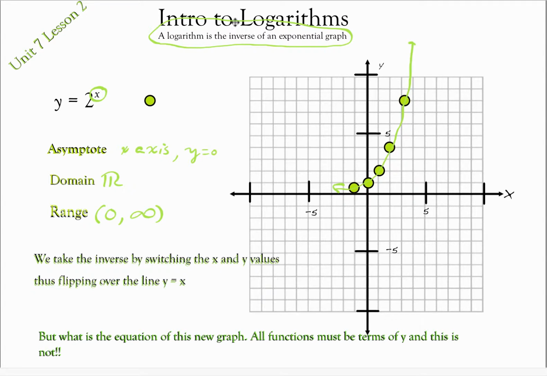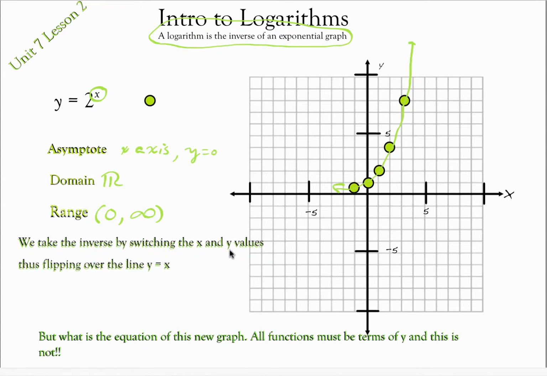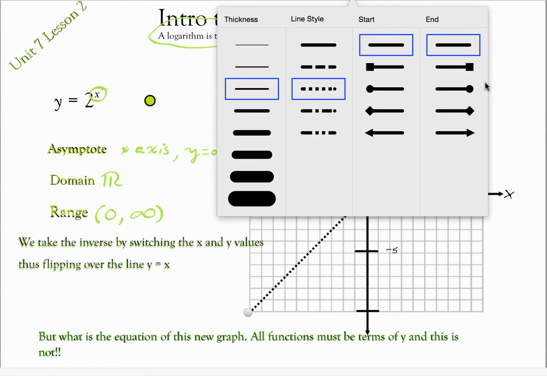So now, where does this logarithm stuff come in? Well, we take the inverse by switching the x and y values. Thus, we're flipping this line over the line y equals x. So let's get a y equals x line on here, and let's have that stand out a little bit by making it dotted.